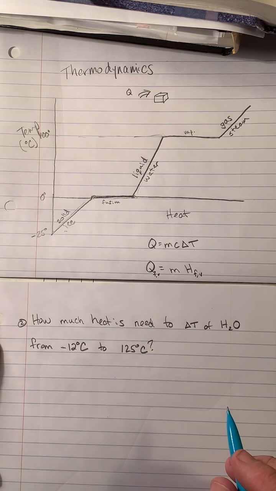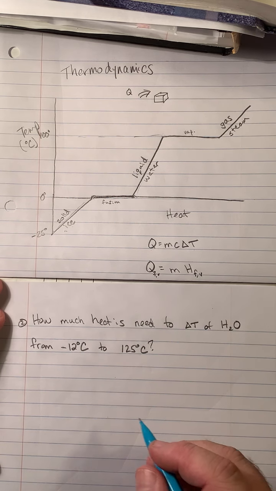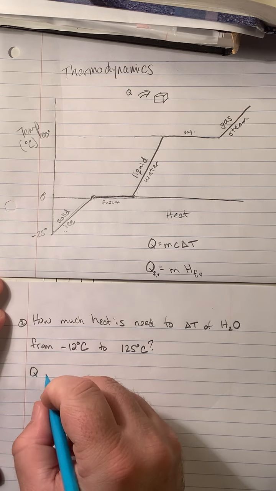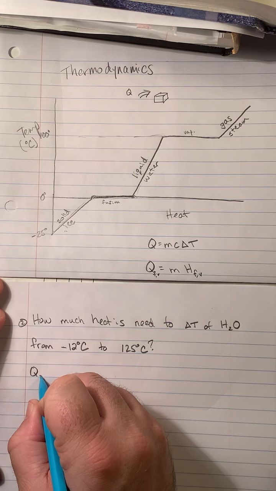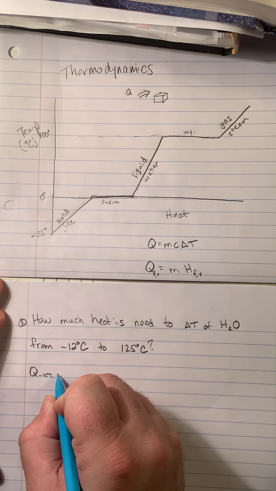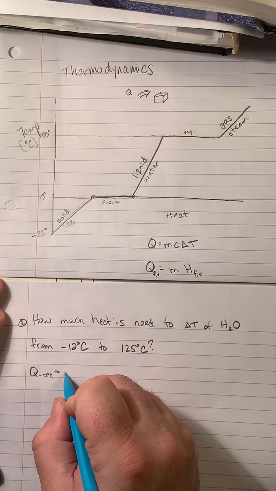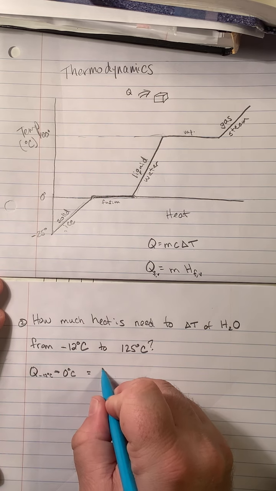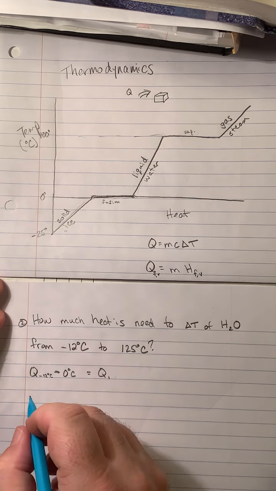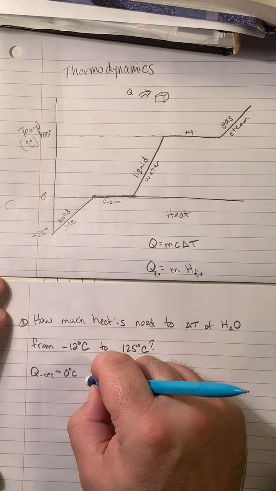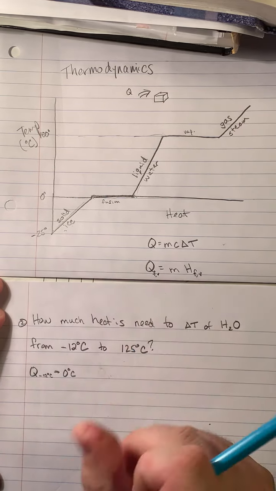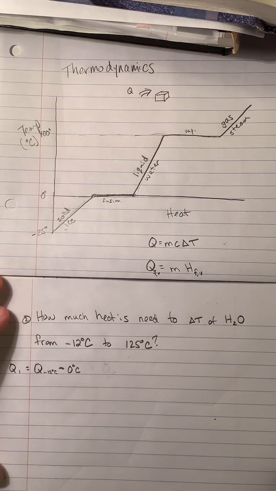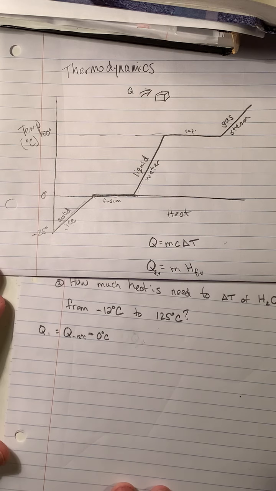So what I'm going to label this as is, first off, I want to find out how much energy is required to go from negative 12 degrees Celsius to 0 degrees Celsius. And I'll call that Q1.